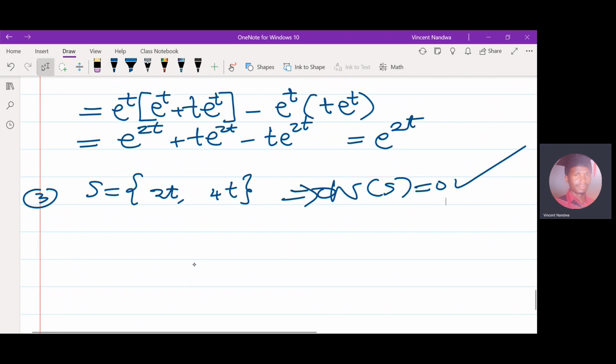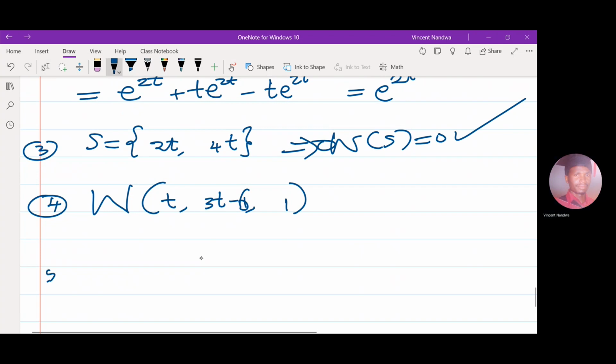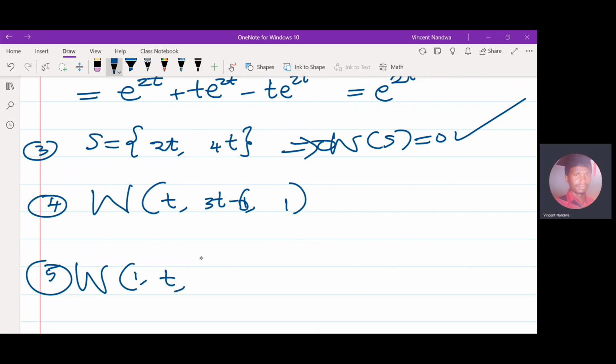And then number 4, what will be the Wronskian of these functions? t, 3t minus 6, and then 1. And number 5, the Wronskian of 1, t and t squared. So once you do that, then you'll have a small break.